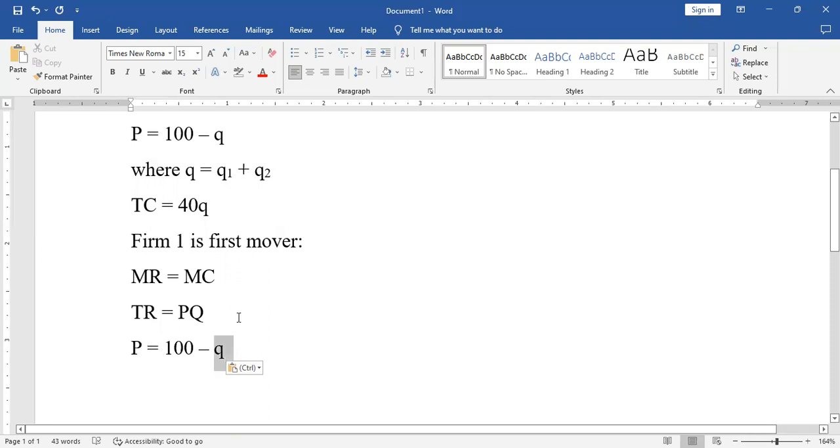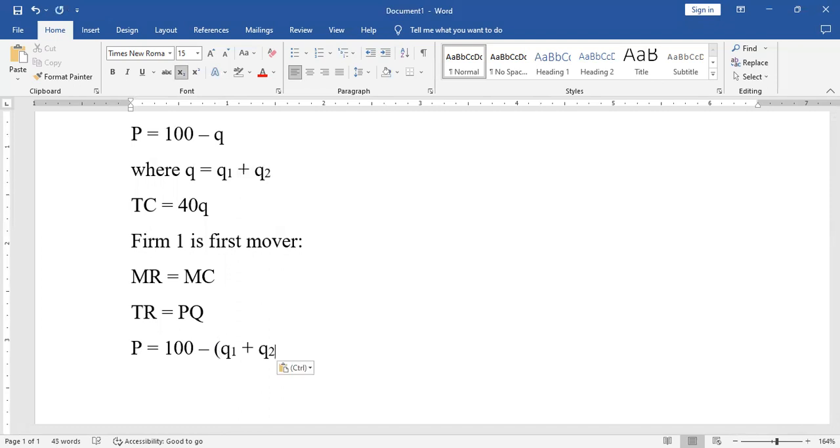So I'll put Q1 and Q2 in this equation and introduce the brackets. This is the demand function. Now to find the total revenue, we need to multiply by quantity, and we are interested in Q2, so we multiply this by quantity 2.